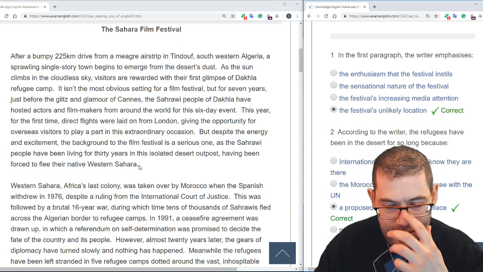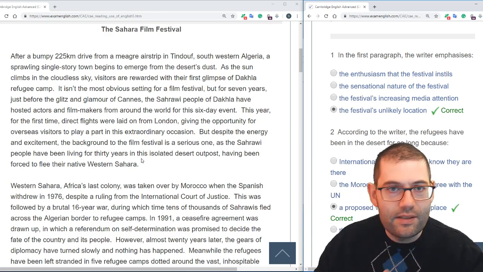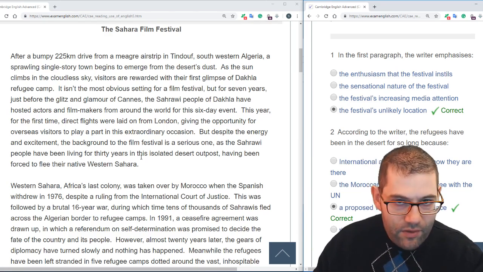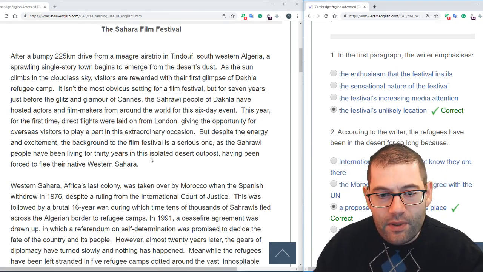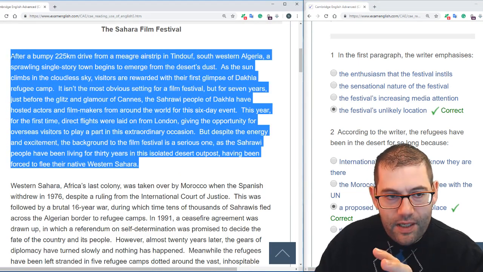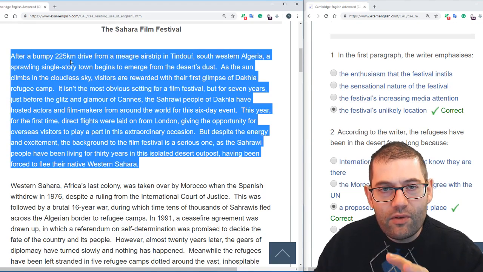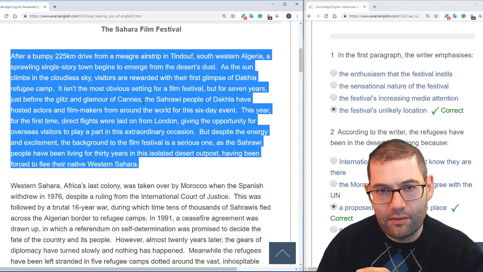Because at the beginning I said the way that I would do it would be to read through this and then have a look at the answers. Some people would have a look at the answers, then do the reading. I would read through it first, and the reason why is because I would try to summarize, and this I'm repeating what I said at the beginning of the video, I would try to summarize each paragraph into a main idea or into a main concept.